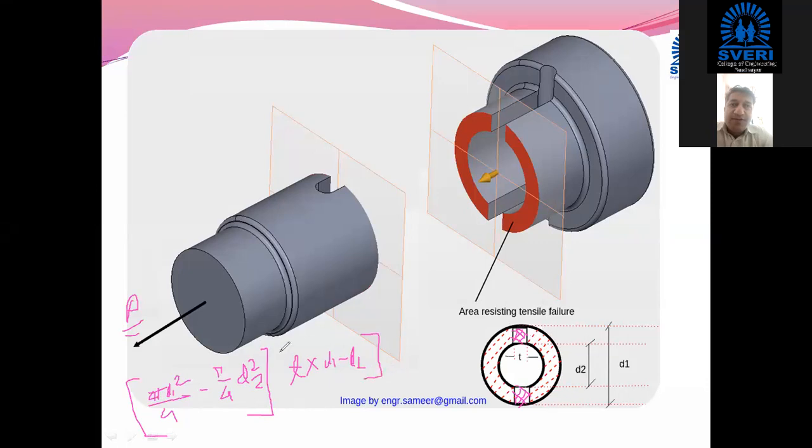So t into d1 minus d2 is nothing but this much length plus this much length. Okay, so you are going to multiply with these two lengths, say x length and y length.